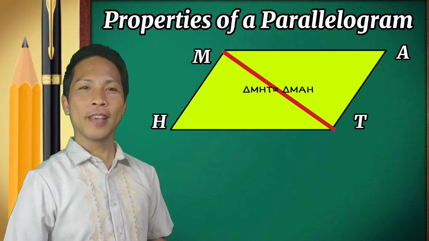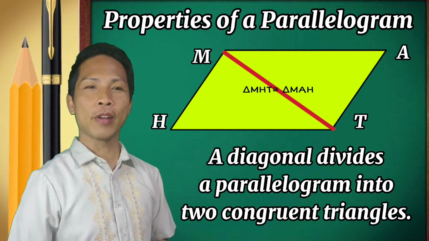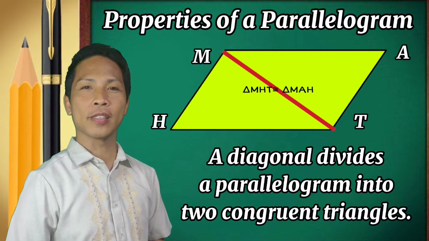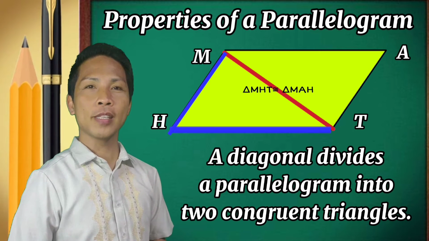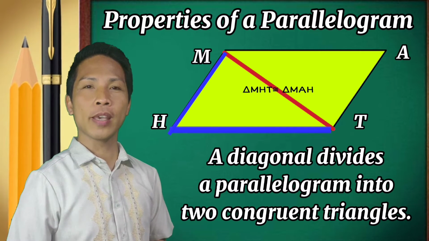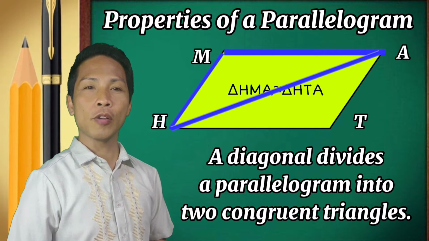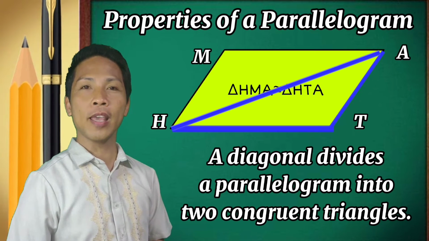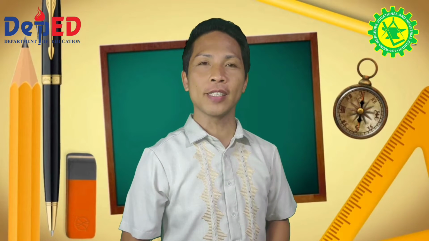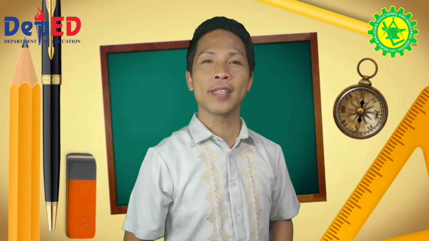Correct! A diagonal divides a parallelogram into two congruent triangles. Triangle MHT is congruent to triangle MAT, and triangle HMA is congruent to triangle HTA. Now, let us apply the different properties of a parallelogram in finding the measure of its angles, sides, and other quantities.